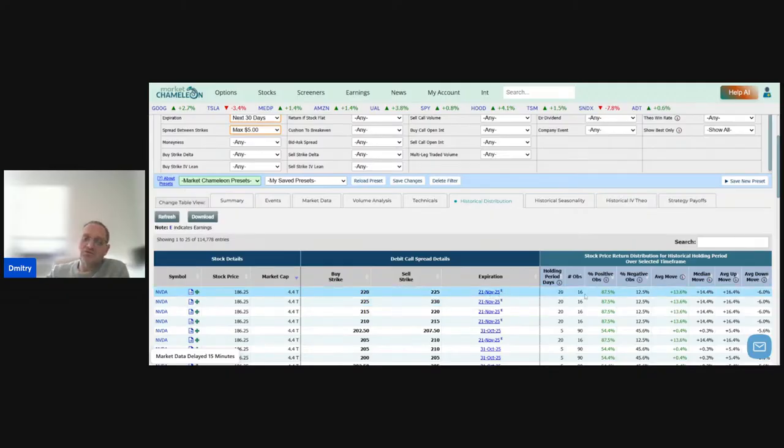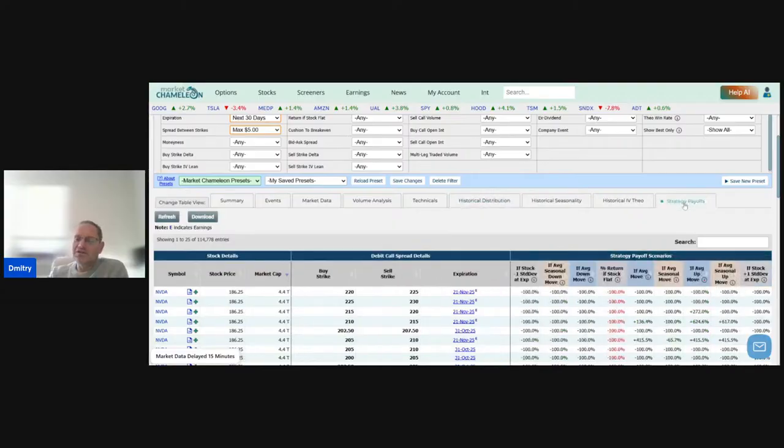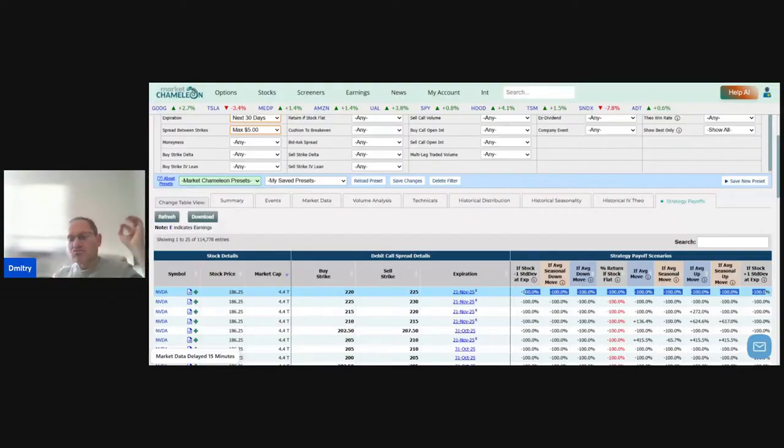If we looked at similar situations in the last 16 observations, because with earnings we have fewer observations, they only happen 4 times a year, you could see here's the average move up and down. Even in these cases, these are all down. So this is kind of a quick reference to look at moves and give scenarios.